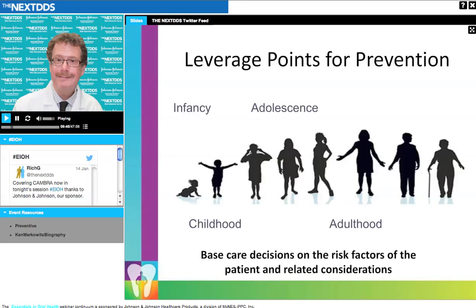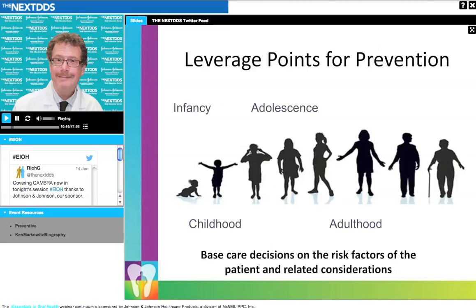Prevention is something for life. In children, caries is known to be a transmissible disease, so there could be ways that we can interrupt the transmission between mother and child. I think in my first webinar, we discussed that a little bit, and there's plenty of literature on that. If you look up vertical transmission of caries, you'll find quite a lot of studies.